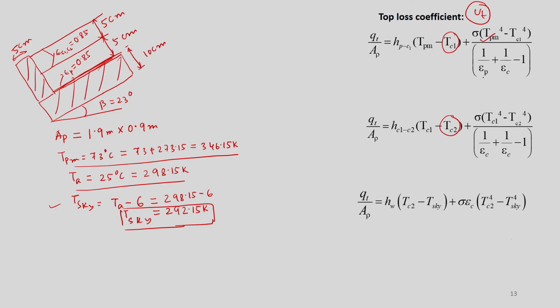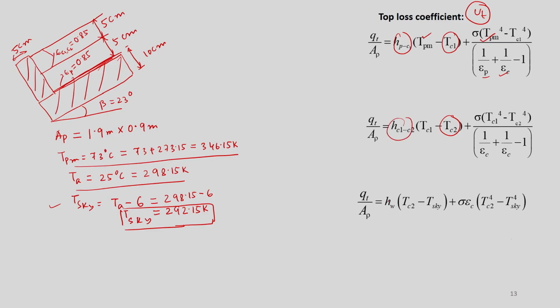Then these values are known, this can be calculated by using correlations, and these two values are known, but this is unknown, and this Qt we need to calculate. So, we will get 3 different nonlinear equations, and we need to solve for Qt by AP, right.